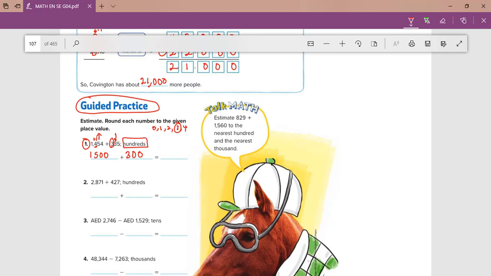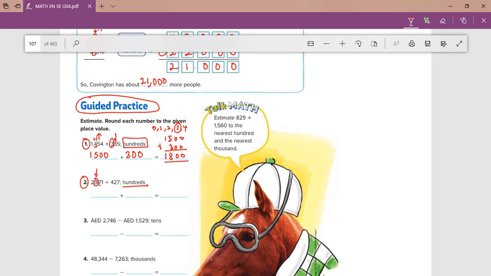Then add 1,500 plus 300 will give you 0, 0, 5 plus 3 is 8, and 1. So 1,800.